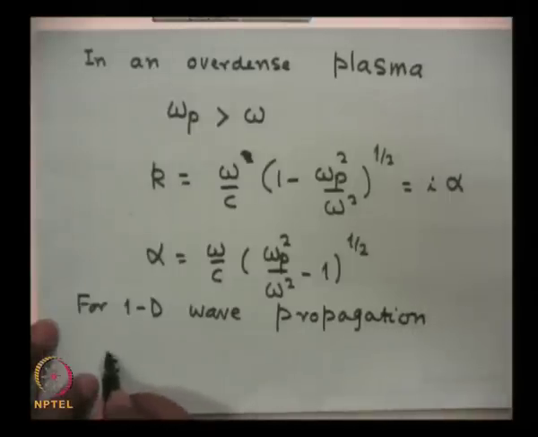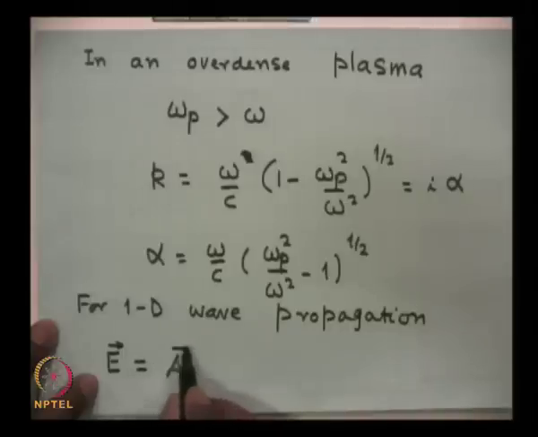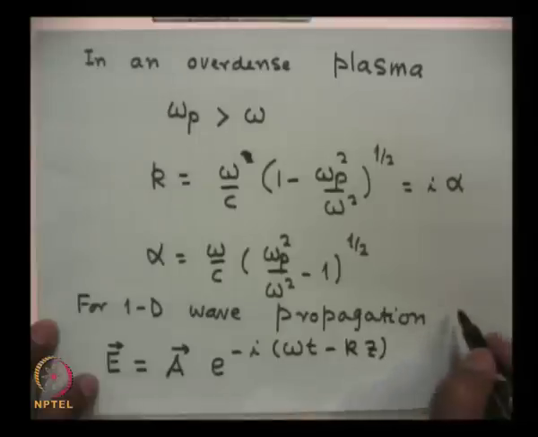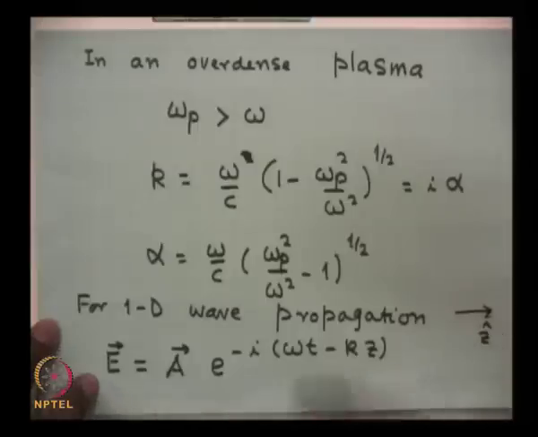I will write down the electric field equal to A exponential minus i omega t minus kz. Let my wave be travelling in the z direction. This is my k vector, or the wave is going in this direction, say the z axis. Space variation is always z, but k is imaginary.